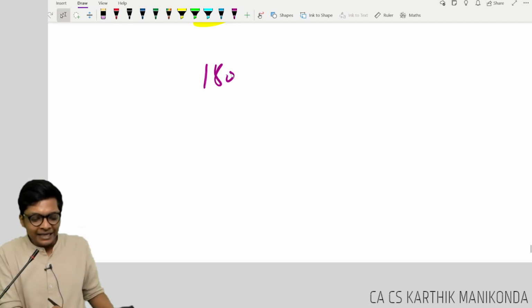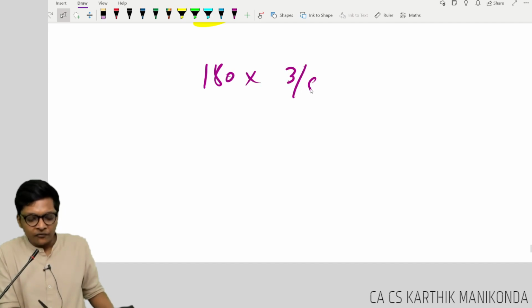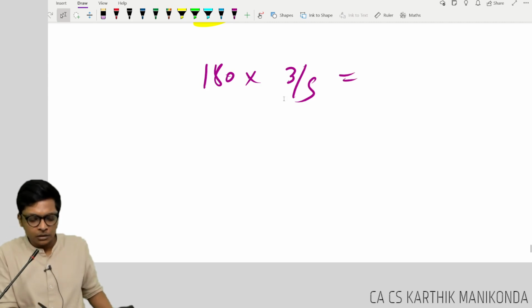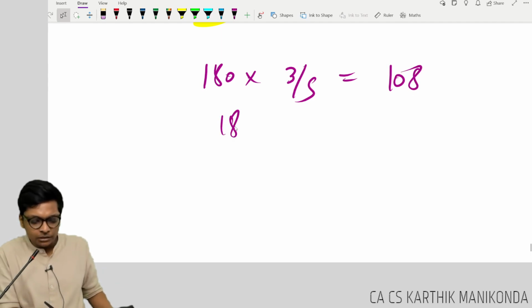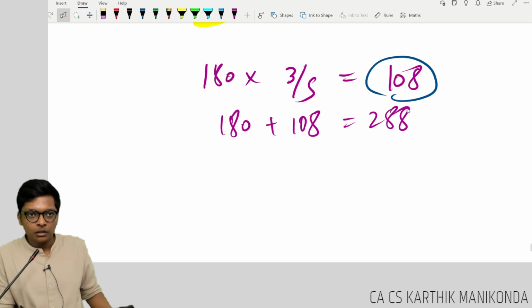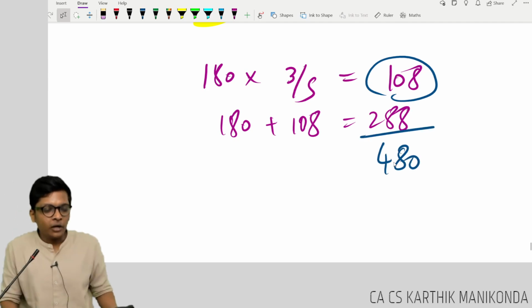So 180 lakhs into 3:5. This was before bonus. So after bonus will become, number of bonus shares 108. So 180 plus 108, 288. Is it correct, guys? Hello? Is this the correct number? So 288 is after bonus. 480 also is after bonus.